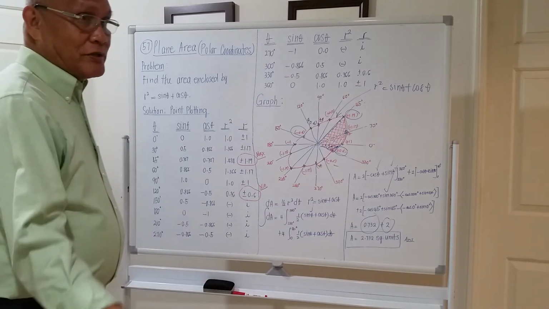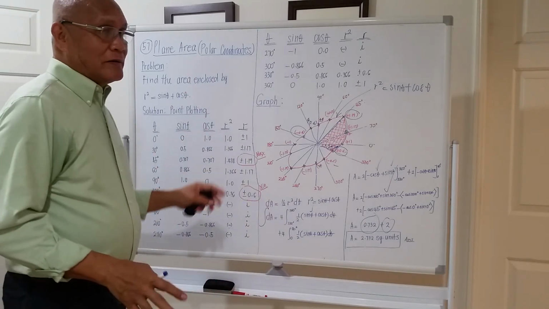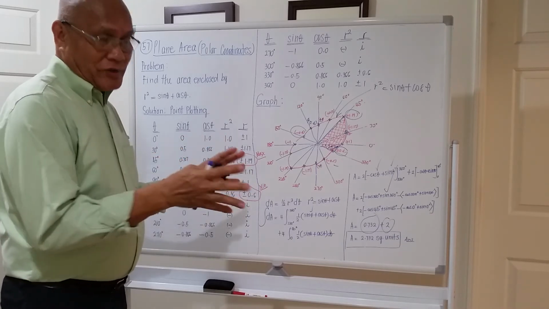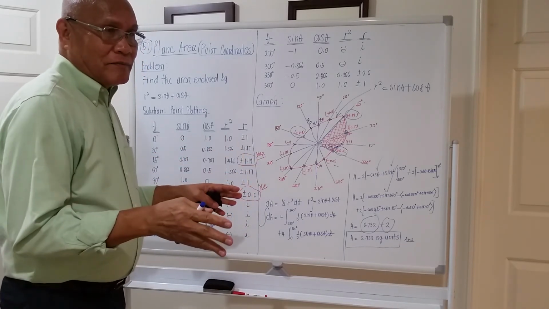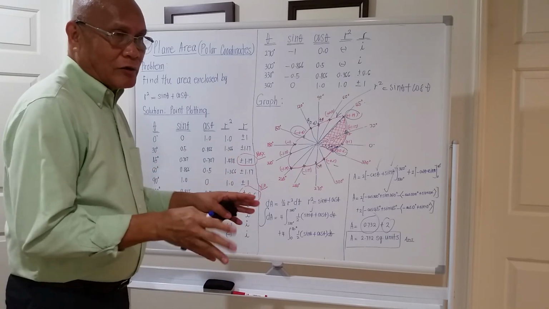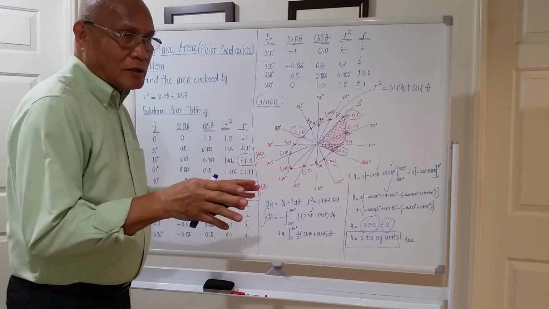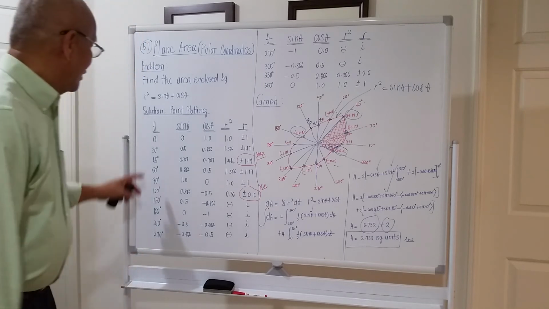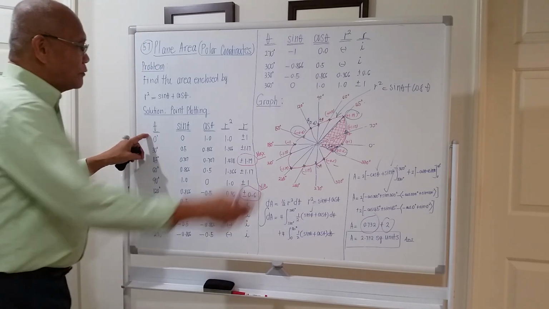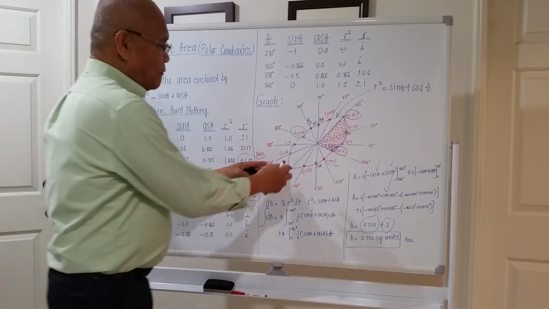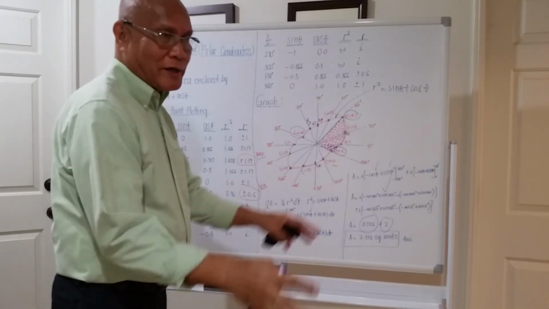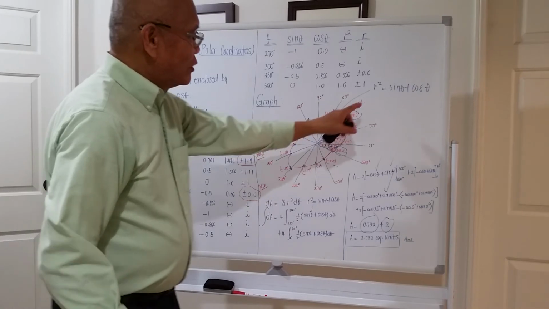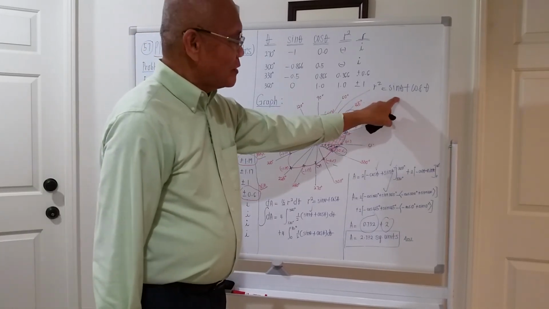The number one procedure, you use point plotting. It's a very long, tedious process, but it will show you how accurate the graph that will come out. So actually, you start from 0 up to 360, plot all the points, then interconnect all the points so you could visualize what will be the graph of the equation r squared equal to sine of theta plus cosine of theta.